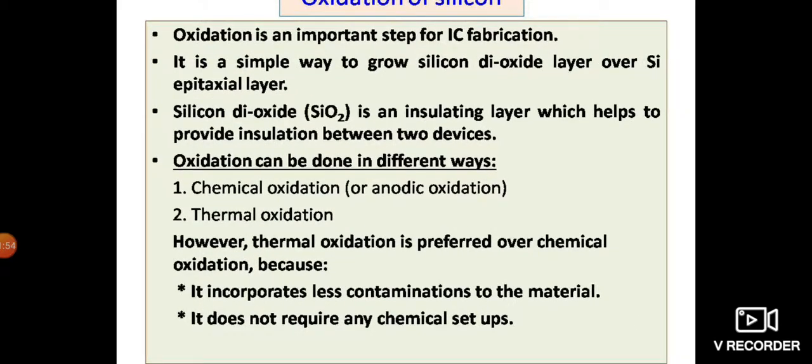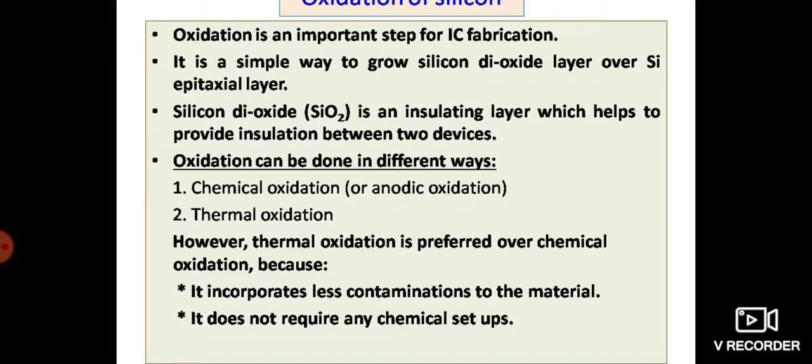Thermal oxidation is more commonly used, that is preferred over chemical oxidation, specifically because thermal oxidation incorporates less contamination into the grown oxide layer. That is, it comparatively gives us a pure oxide layer in comparison to chemical oxidation.